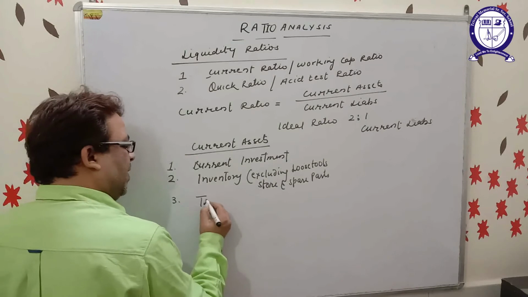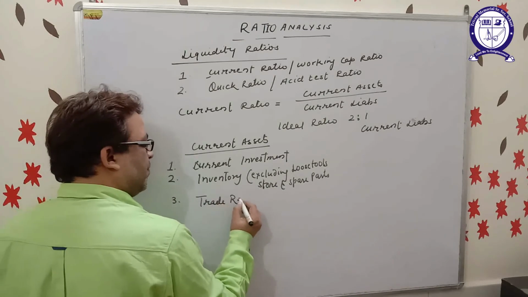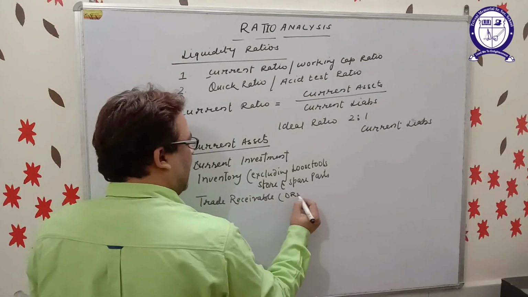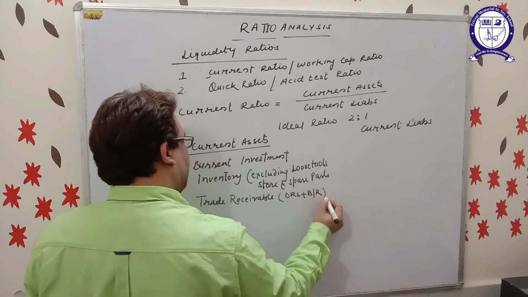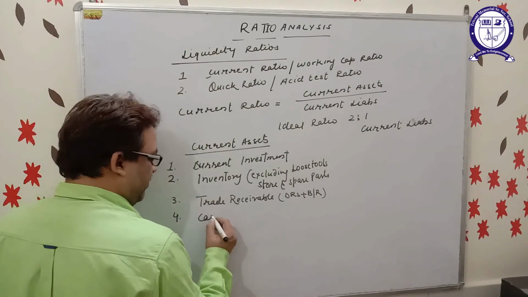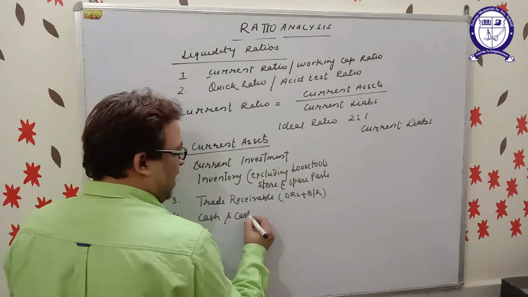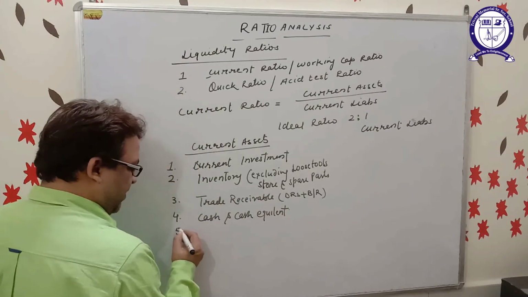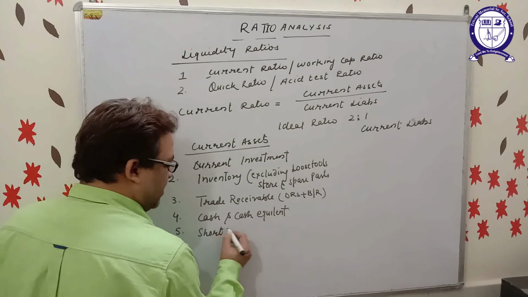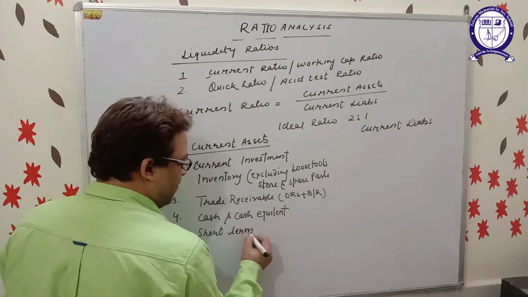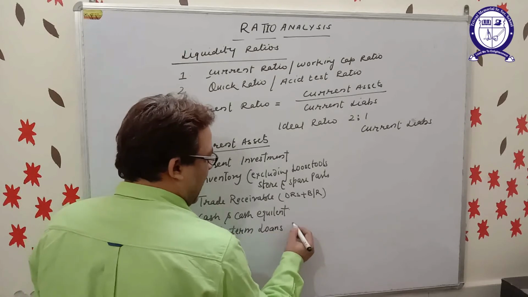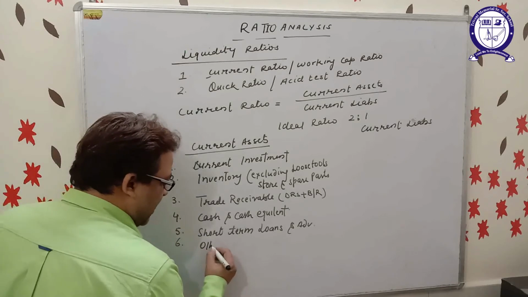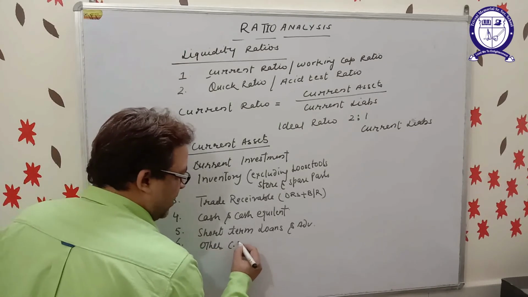Third, trade receivable. Debtors plus bills receivable are included in trade receivable. Fourth, cash and cash equivalent. Fifth, short-term loans and advances. And sixth point, other current assets.